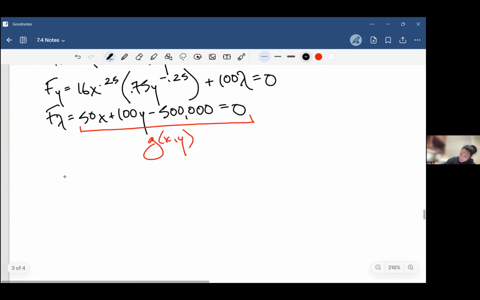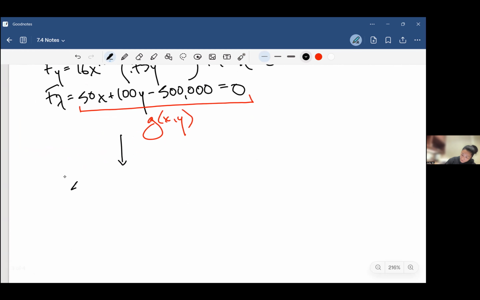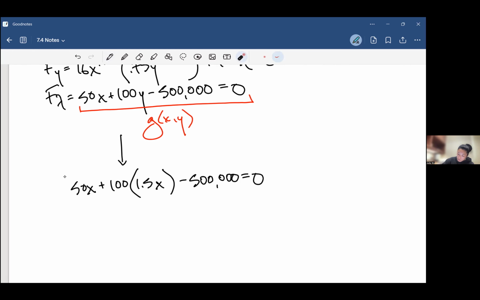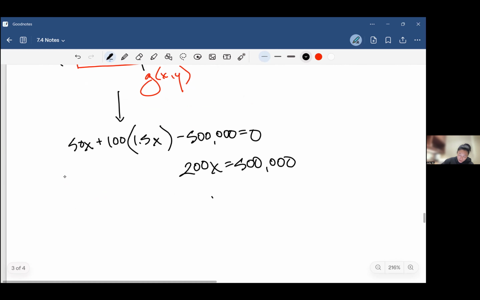All right, so we get 50x plus 100y, which is now 1.5x, minus 500,000 equals 0. And so this gives me 50 plus 150. So that's 200x equals 500,000.